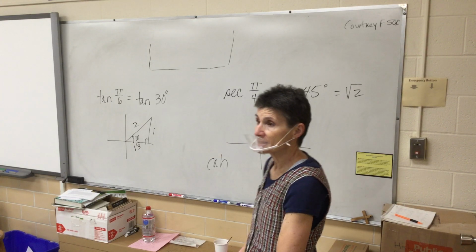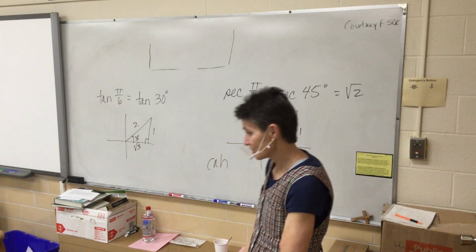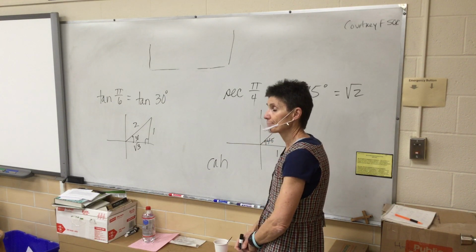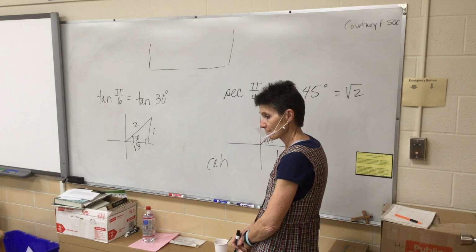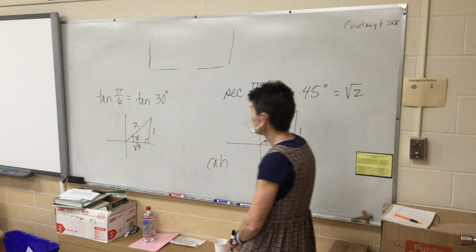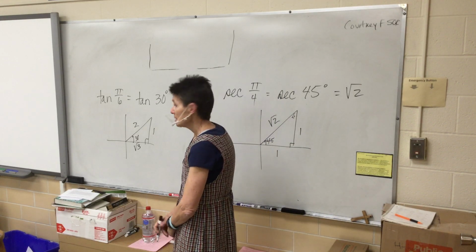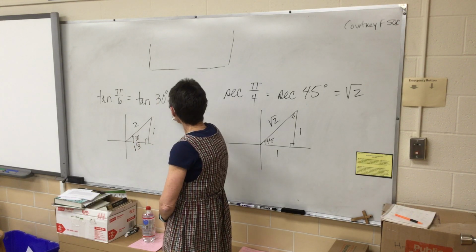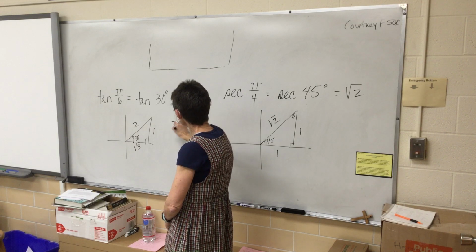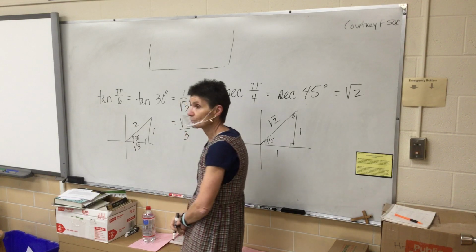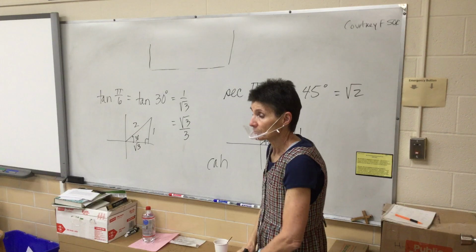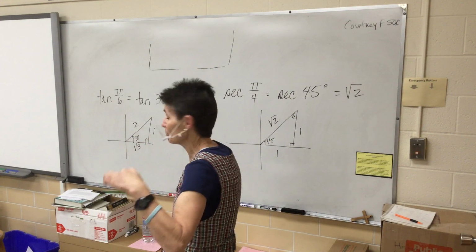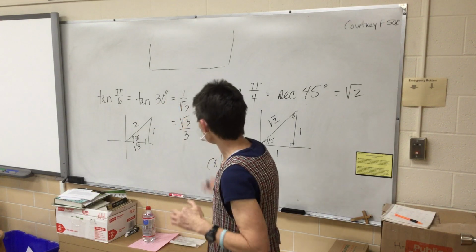So tell me about the tangent. What's the tangent? Well, SOHCAHTOA, so it's opposite over adjacent. So hopefully you put 1 over root 3 and then rationalized it to get root 3 over 3. Now, if you type tan 30 in your calculator, it will not give you this.